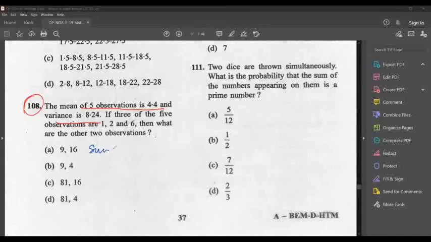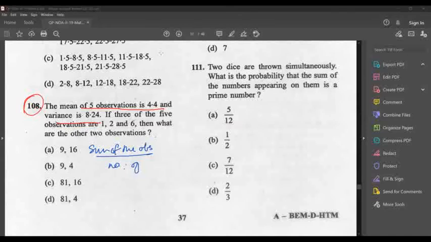Mean is nothing but the sum of the observations divided by the number of observations.